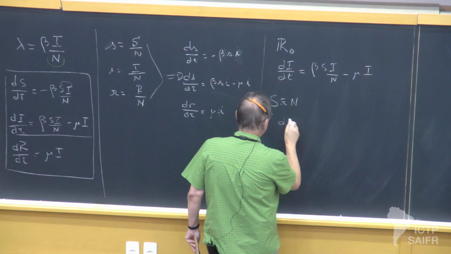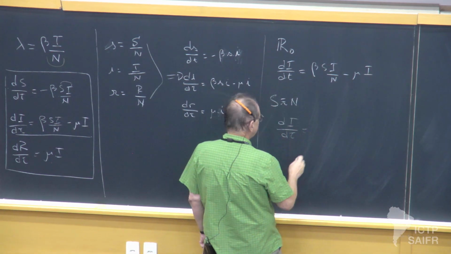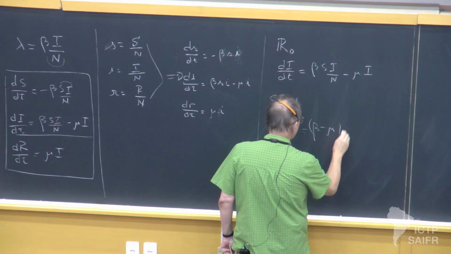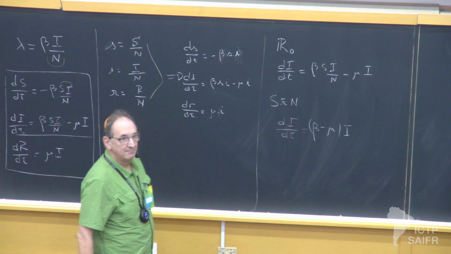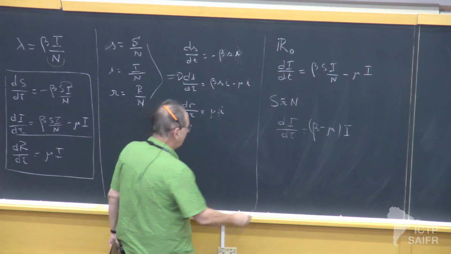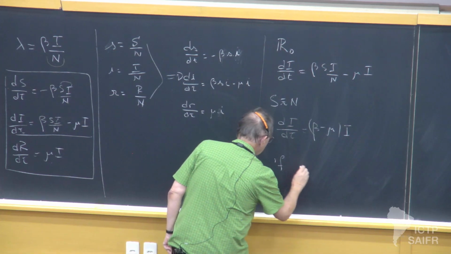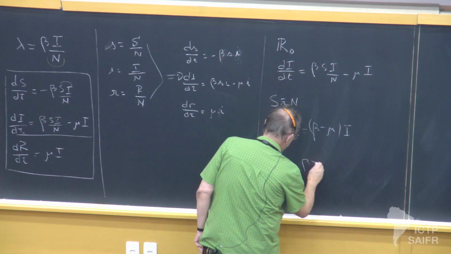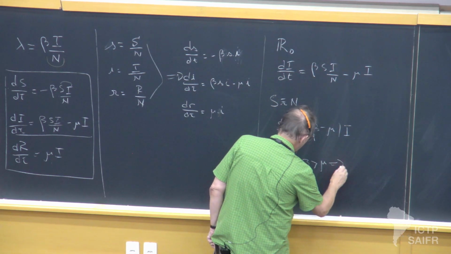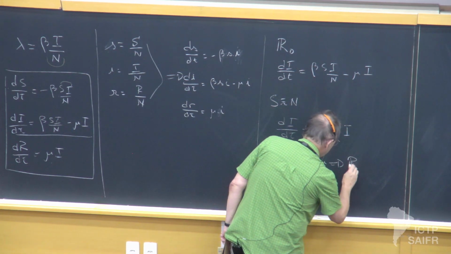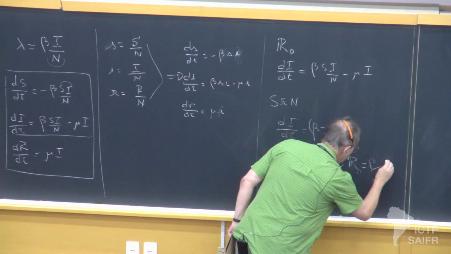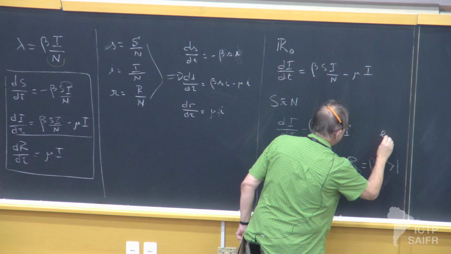So dI/dt in this case becomes a linear equation, okay? Because S over N is constant. And therefore, if beta is bigger than mu, we have an epidemic, or in a more common way, beta over mu greater than one. This means epidemic.